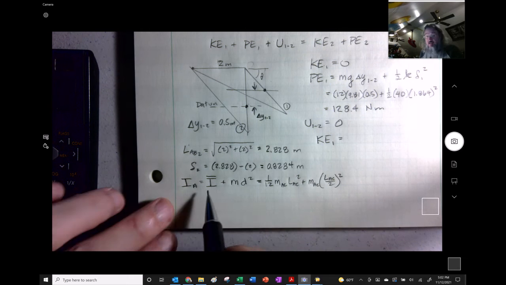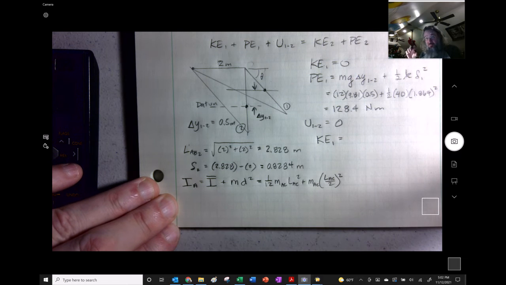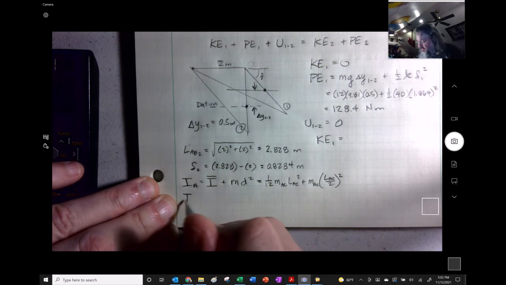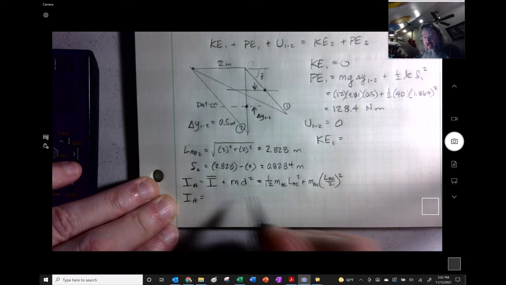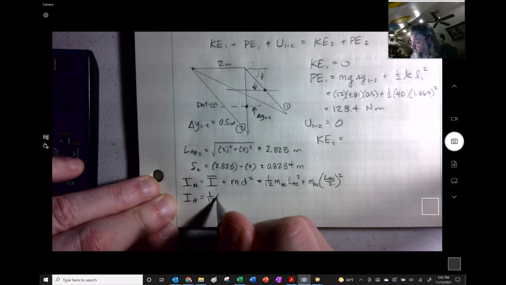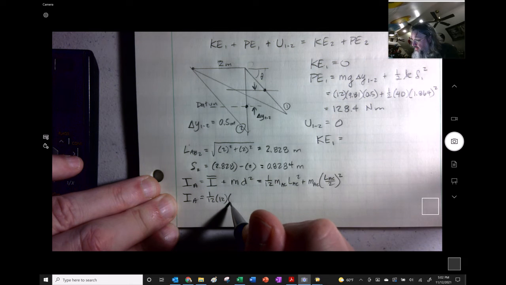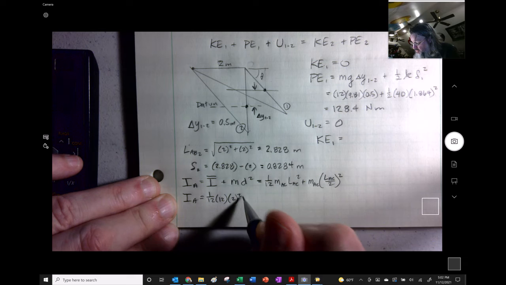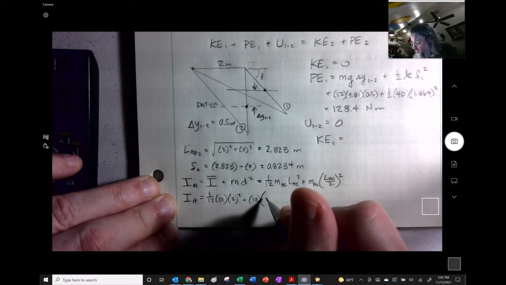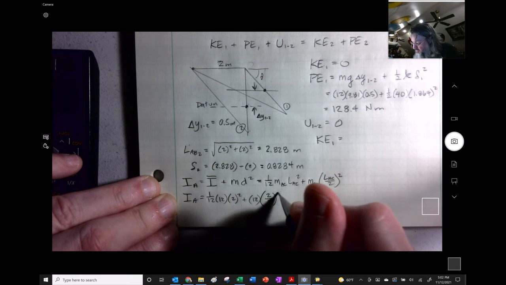A lot of times for a beam they'll actually have what the mass moment of inertia is about the end, so you can simplify that. But anyway, I didn't manage my paper very well here. So we have 12, and the length is 2 squared, plus 12, and the length is 2 over 2 squared.